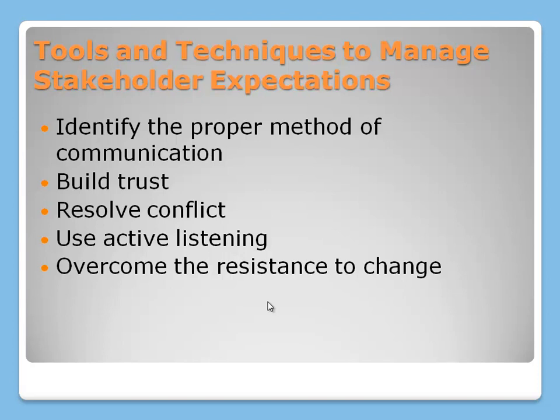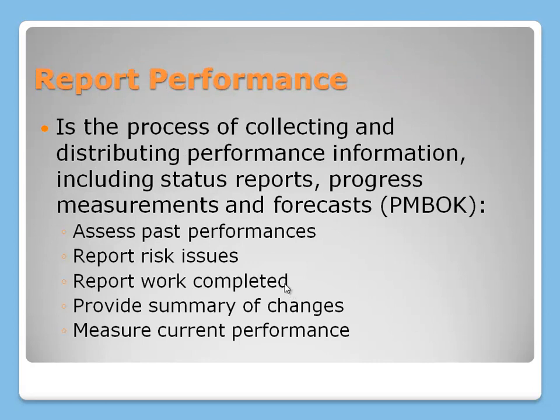We need to resolve conflict, then use active listening to listen to the customer feedback or the employee feedback or organization feedback. Then overcome the resistance to change. Try to communicate as professionally as possible, either with the upper management or with the customer. The resistance to change is one of the issues within a project.